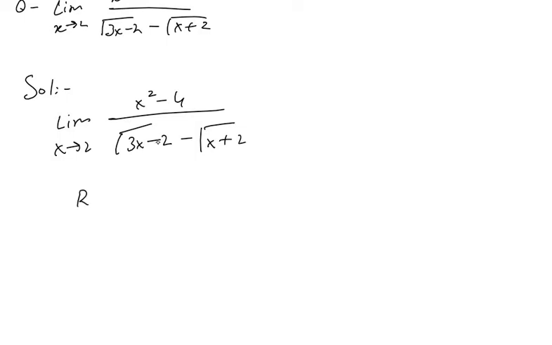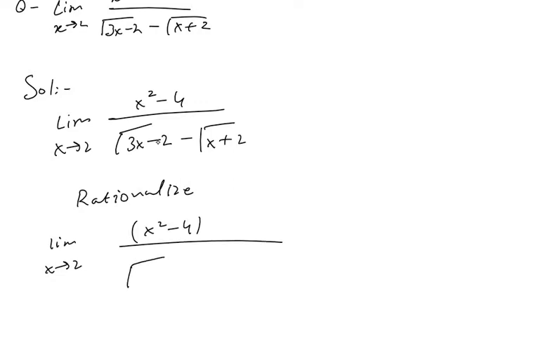So just try to rationalize and write it again. You have this x square minus 4. In the bottom you have 3x minus 2 minus x plus 2, which is multiplied by the conjugate of the denominator.